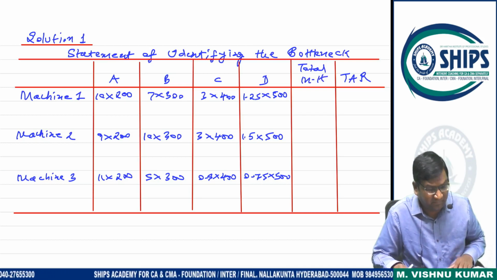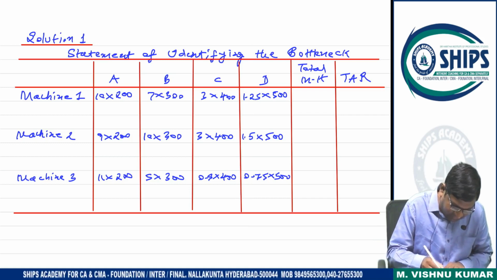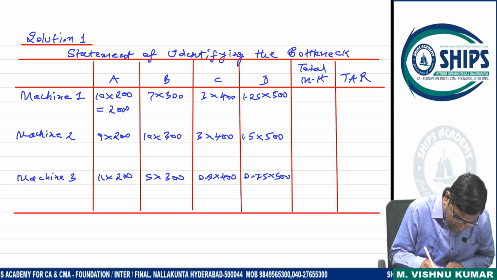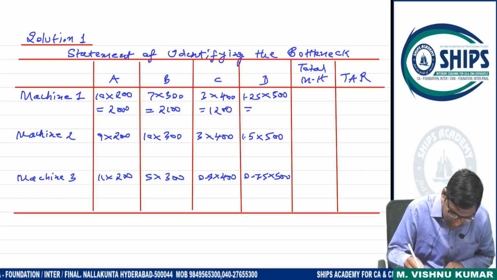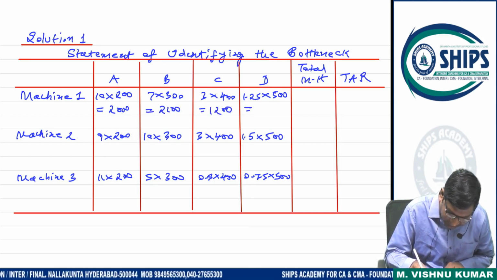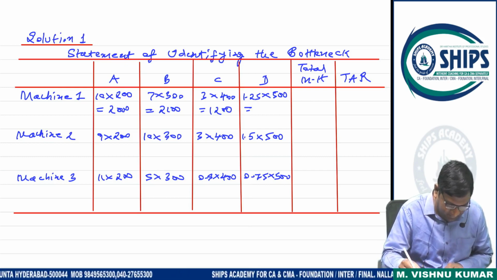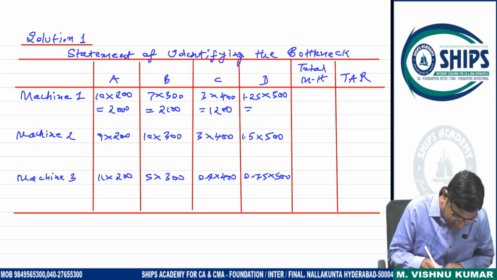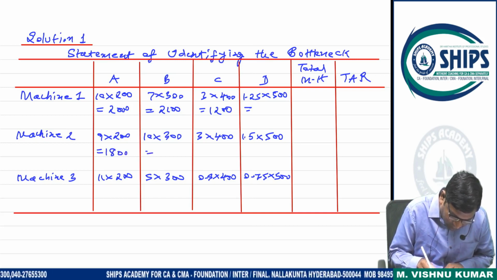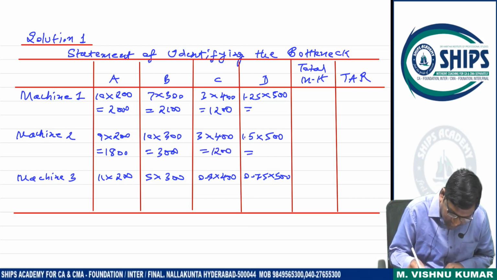Okay, right. So students have to send the answers here. First 2000, next 2100, 1200. Next, this is how much? Please send the answer online. This is how much? Next, 3000, 1200.